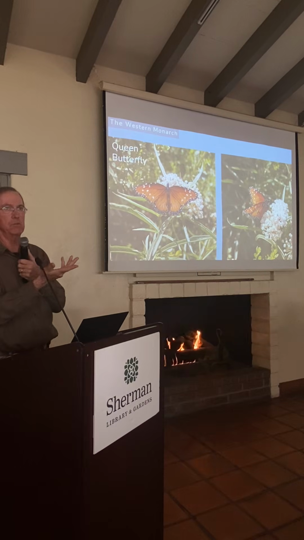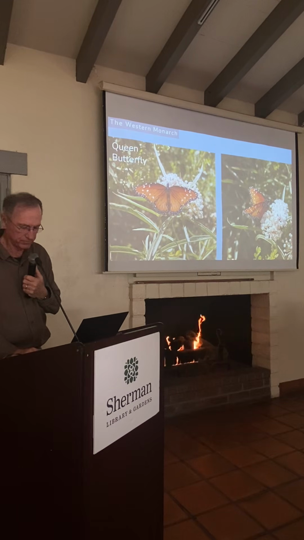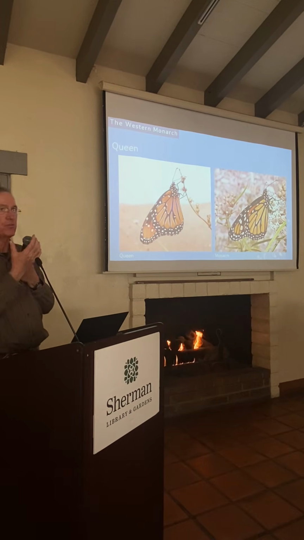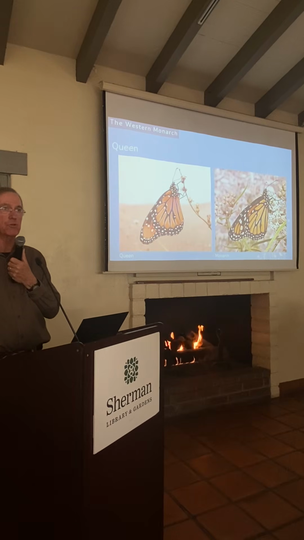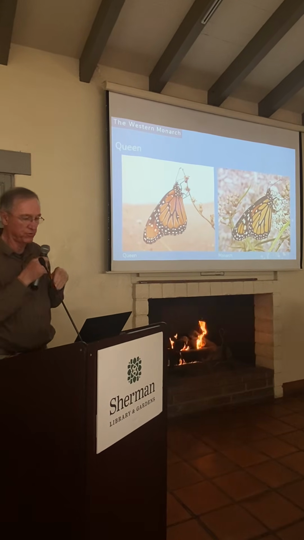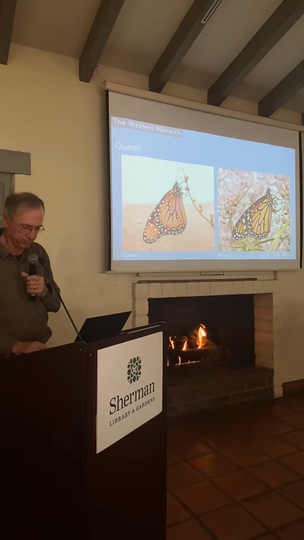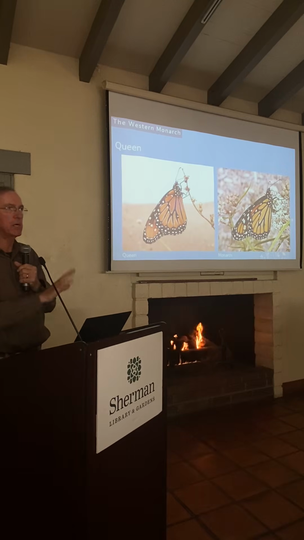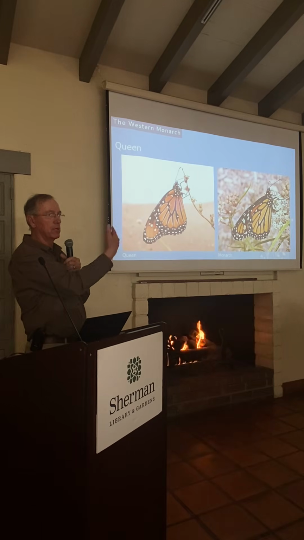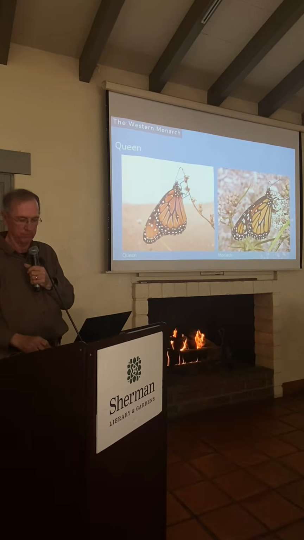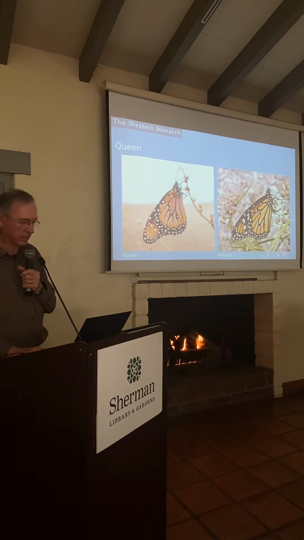And it's just beautiful, but not as common. Oh, and another slide. On the underside, it's even a little bit more difficult to tell the two apart. But the queen on the left and the monarch on the right, there's a little difference in coloring and spotting. So that's the queen butterfly. It doesn't breed much locally. It breeds in the deserts, but it will move to the coast, particularly in the late summer and fall, occasionally.